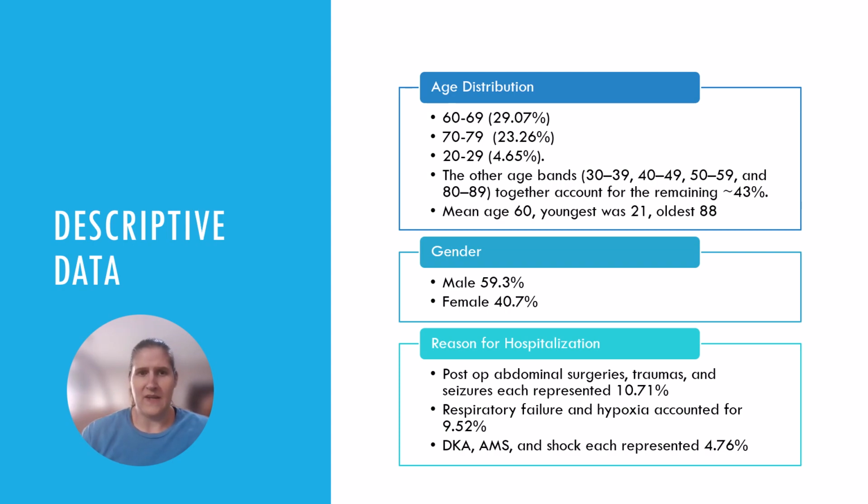DKA, altered mental status, and shock each also accounted for about 4.76% of encounters. Diagnoses were categorized and combined when applicable to ensure a thorough analysis of all the clinical characteristics of the population. This demographic analysis provided valuable insight into the diversity of the patient population and served as a critical foundation for guiding this quality improvement initiative.